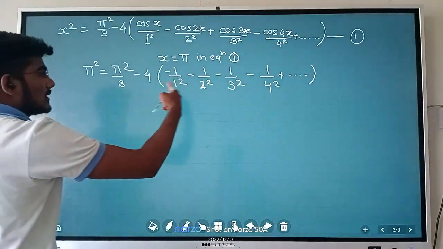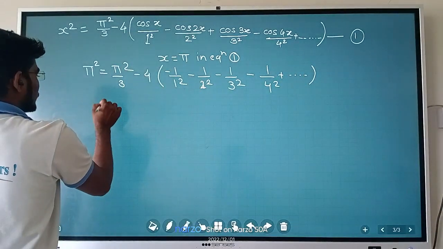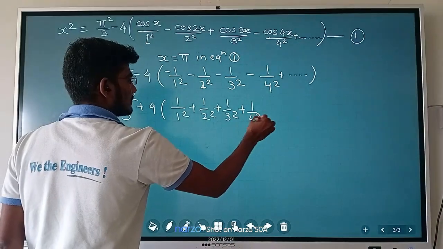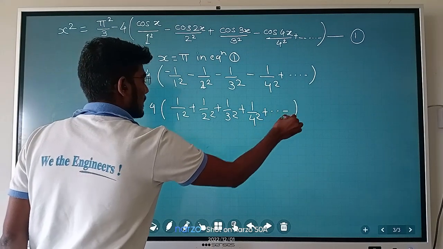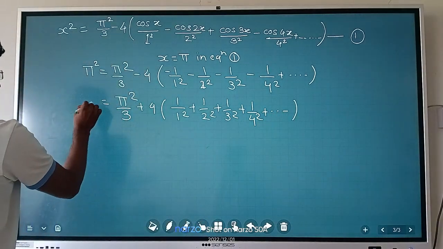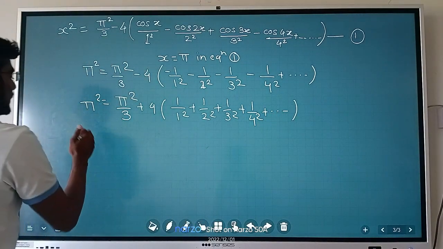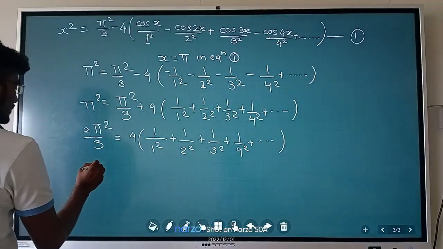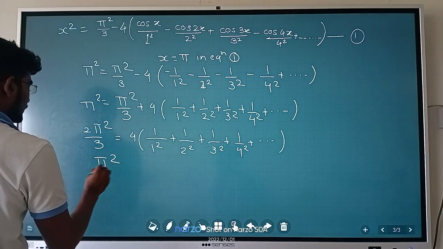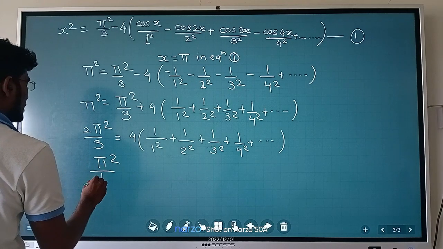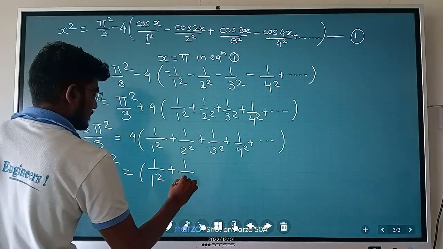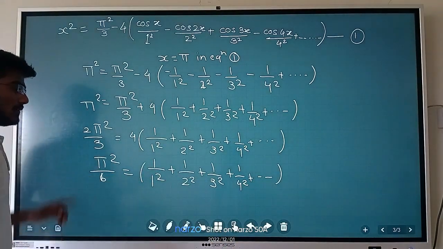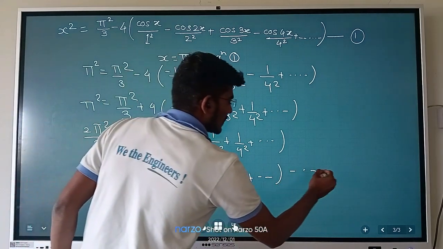We take the common minus sign, and when this term is shifted here, this 4 is divided here, and finally we get our required first result. So we give it equation number 2.